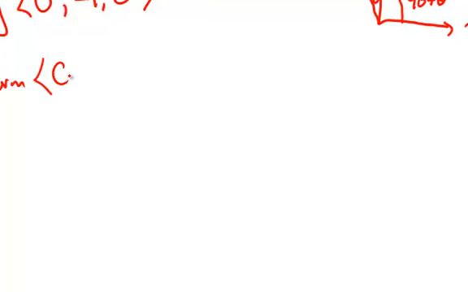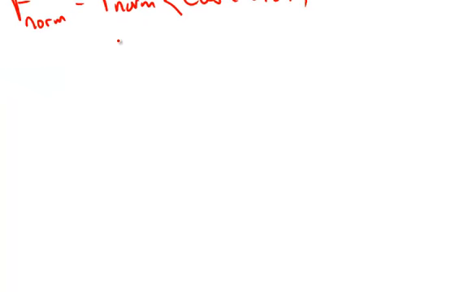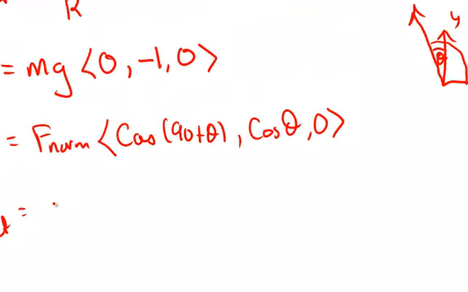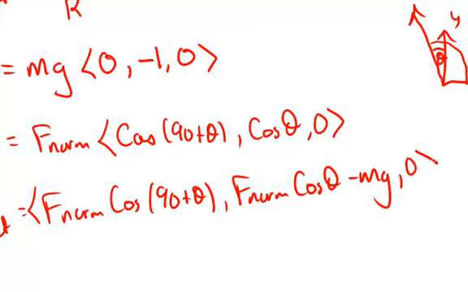So we have cosine of 90 plus theta, comma, cosine of theta, comma, 0. Adding these two together will give me a second equation for the net force. F net is equal to F norm cosine of 90 plus theta, comma, F norm cos theta minus mg, comma, 0.